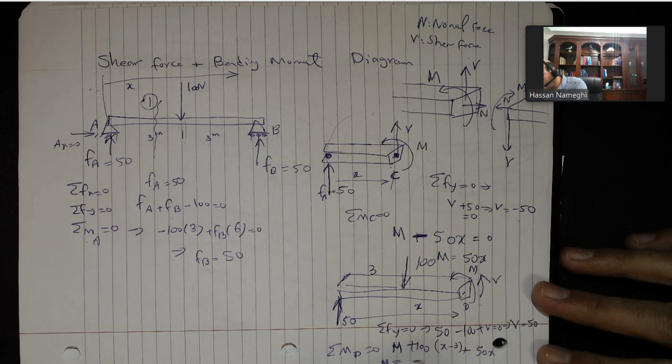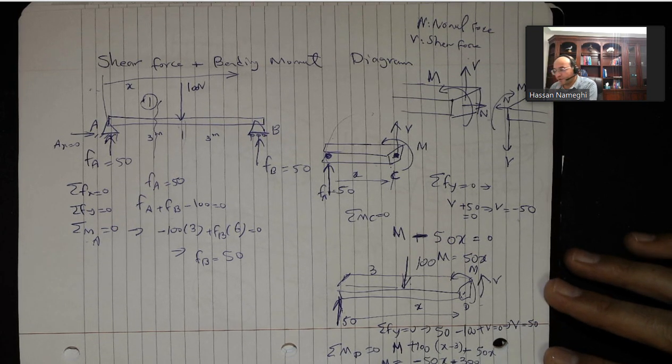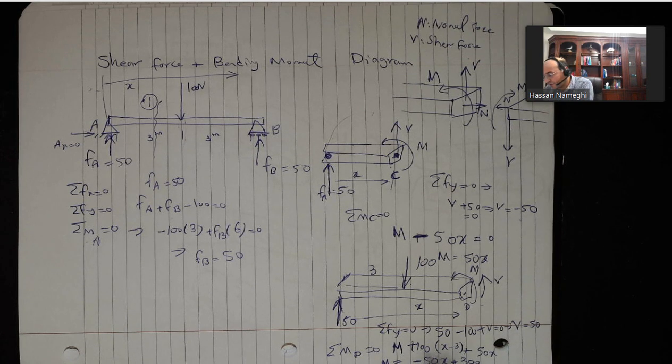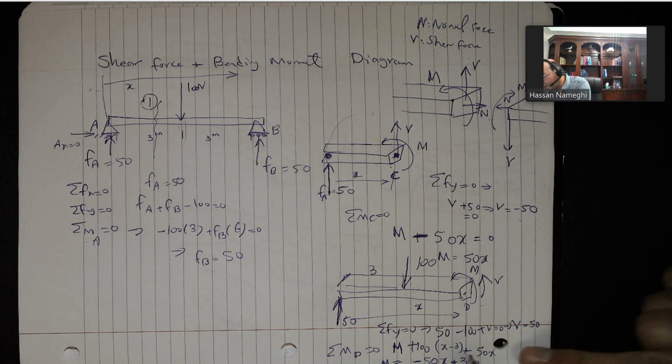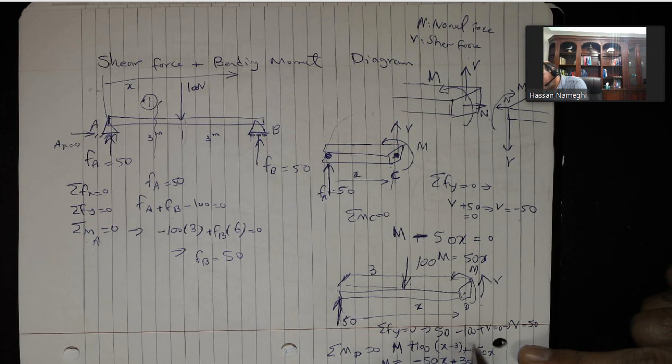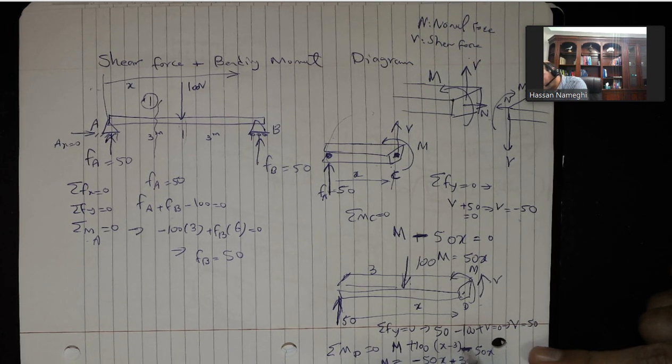So it will be minus 50x plus 300. That's what I got. So 3 times this is a 50x, and that one actually created clockwise. So that was actually minus 50x down here is equal to 0. So you brought it to the other side. This will be this equation.